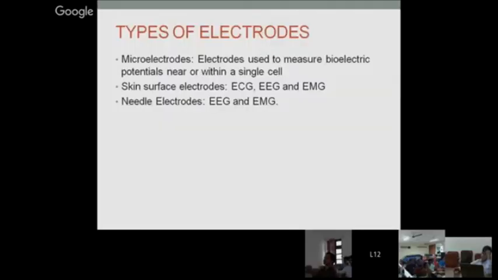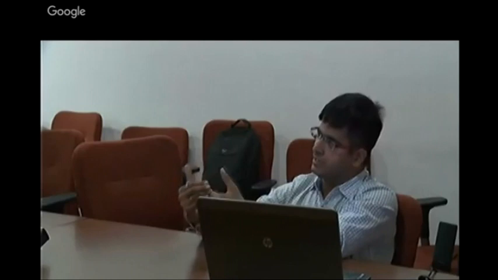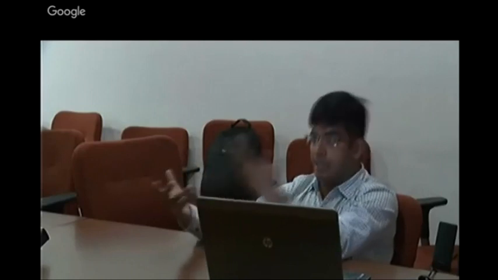Okay, needle electrode. I already talked that needle electrode in EEG and EMG measurement is there, but needle electrode has one advantage, because they will go to the specific position. They can touch the specific position of the cell, so they can give you a selective result, and a good result, means that you can experience a high amplitude.